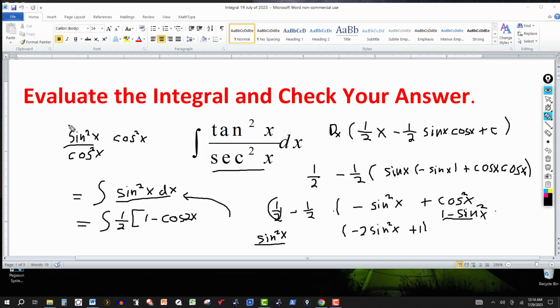So obviously this part right here is your tangent squared, and cosine squared of x is the same thing as 1 over secant squared of x. So this gives me tangent squared x over secant squared x, and that's the check for this one. Thanks for watching. We'll see you next time.